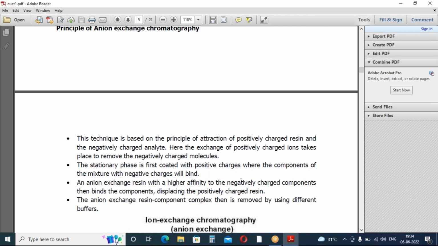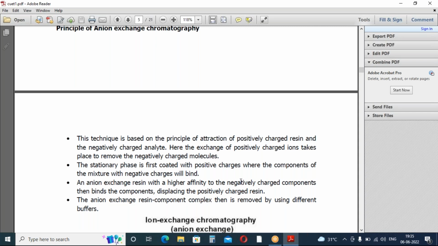When we are using charges, we use some type of solution, and that is called the buffer. I think you know about pH, the negative logarithm of the H plus ion concentration. When we are using different types of ionic separations, every time we use a buffer solution.